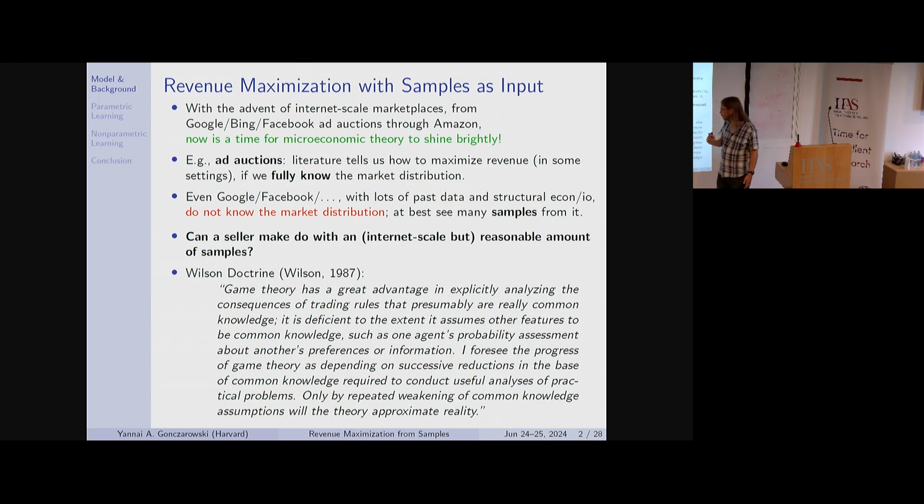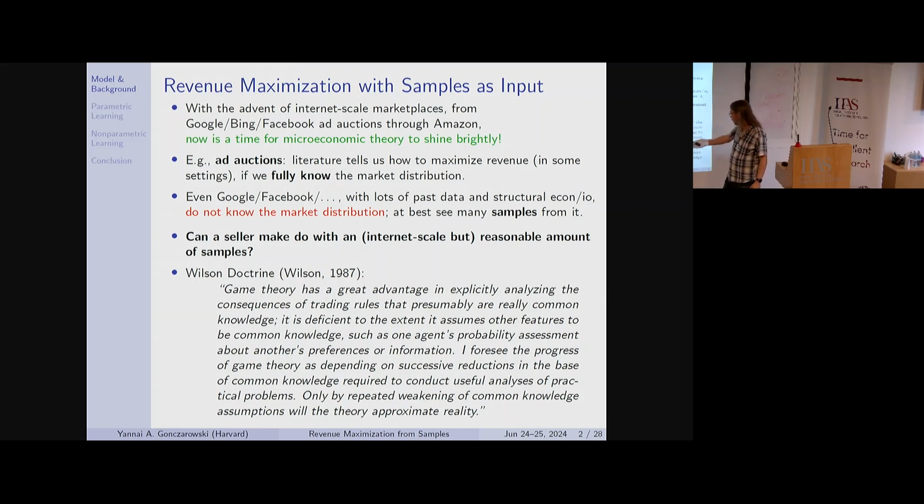It is deficient to the extent it assumes other features to be common knowledge, such as one agent's probability assessment about another's preferences or information. Exactly, a seller having a perfect prior over the buyer's preferences, for example.